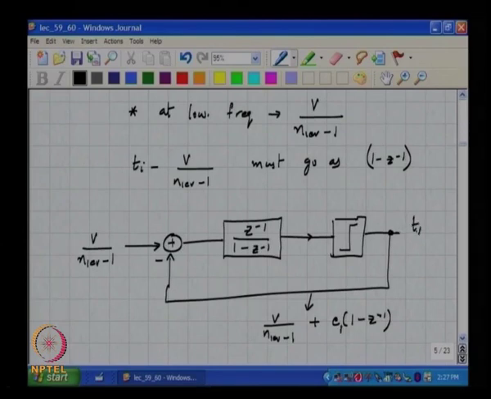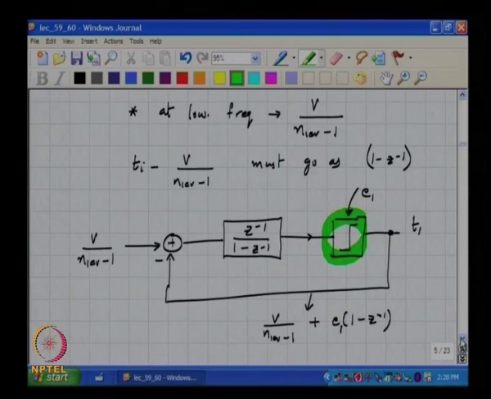This becomes T1. The Z1 is nothing but the difference between T1 and the output of the accumulator. Does this make sense? All right.